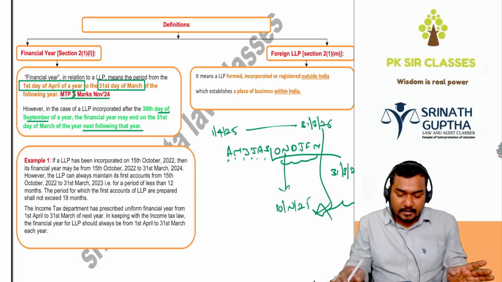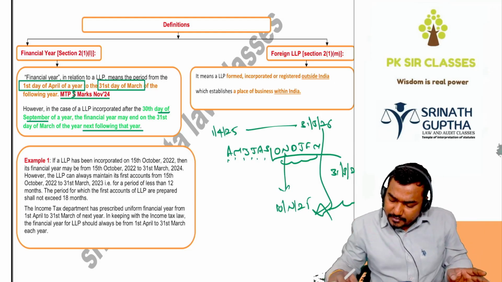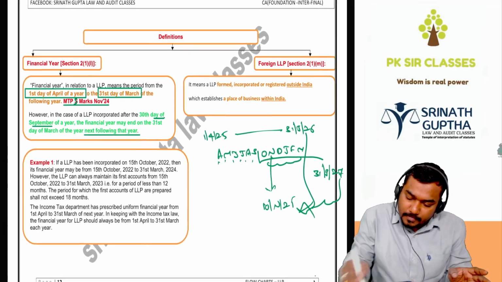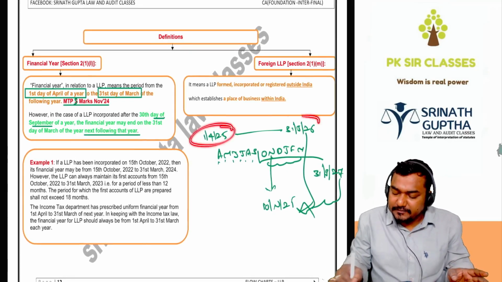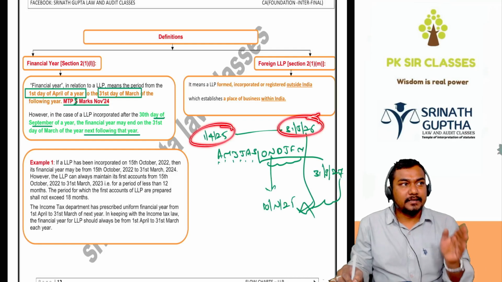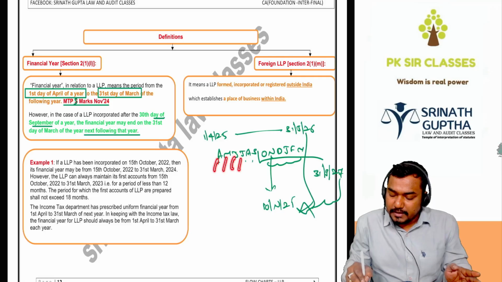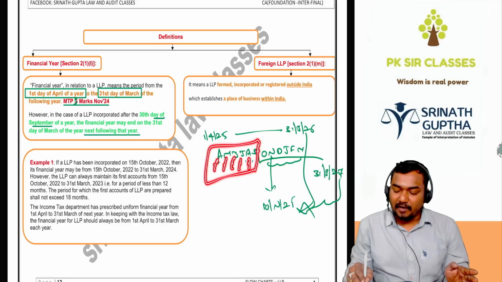However, see this: if any LLP is formed after 6 months, that is after 30th September, this period should not be counted.